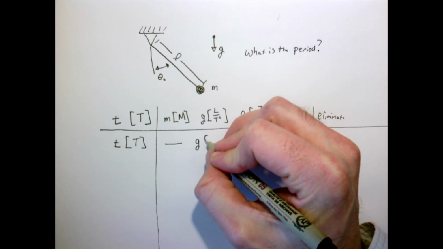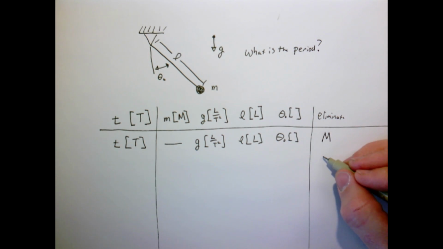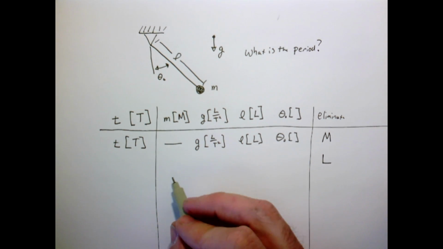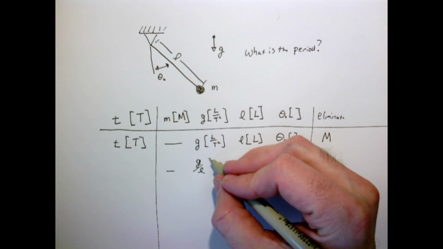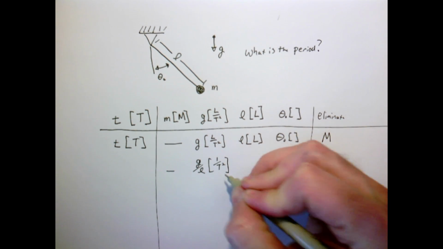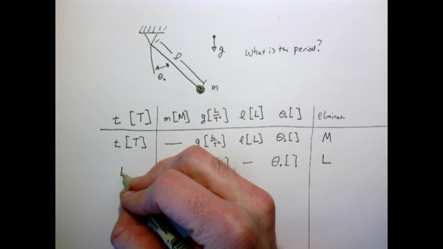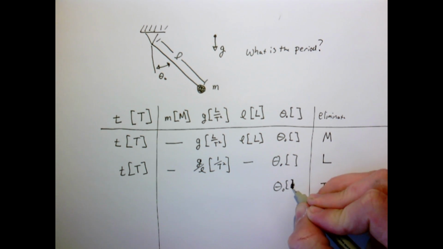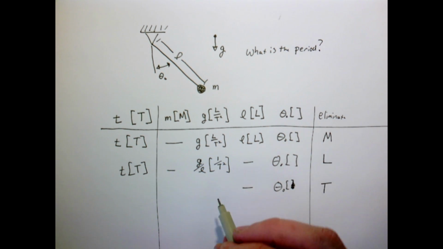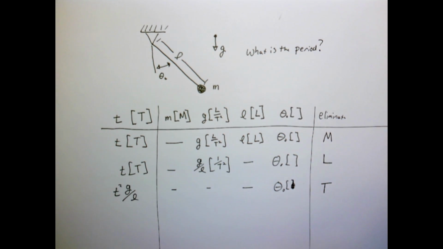Okay, so now we're down to four things. The period as a function of gravity, length, and initial angle. Let's eliminate length. I can form the ratio g over L, which would have units 1 over t squared. I remove L from the table, and now I've removed length from the problem. Now let's eliminate t. I have choices of the way I can write this, but what I'll choose to do is write t squared g over L, and that has no units.